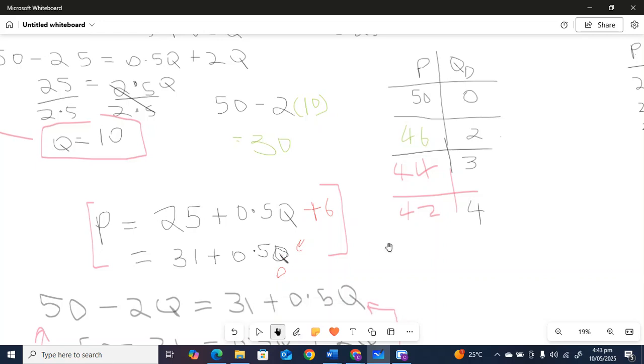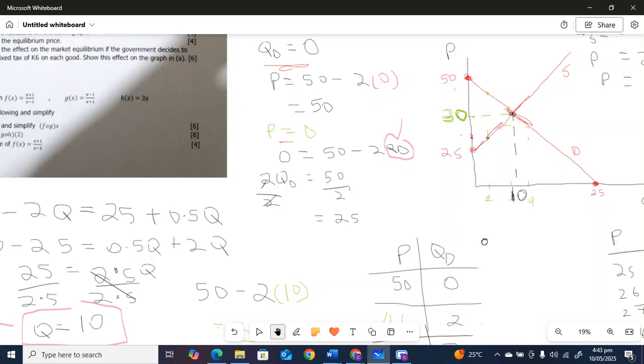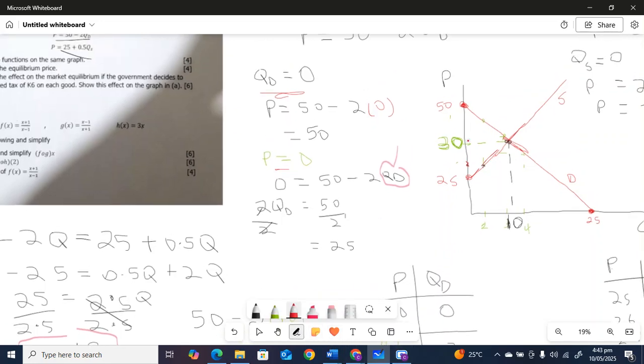So our new supply function is going to start here at 31. Then at the point 31, you draw an upward sloping graph like this. Then your new equilibrium quantity is 7.6 there, and the new equilibrium price is 34.8.